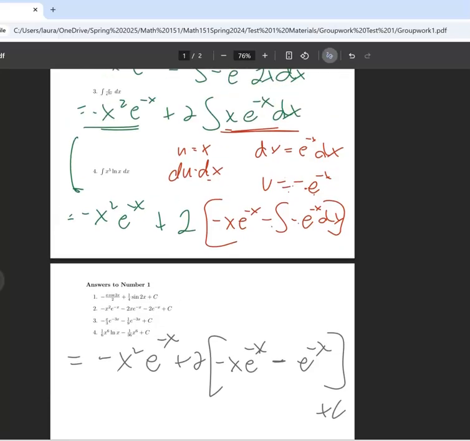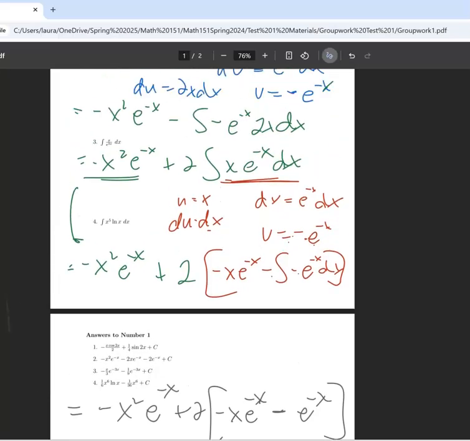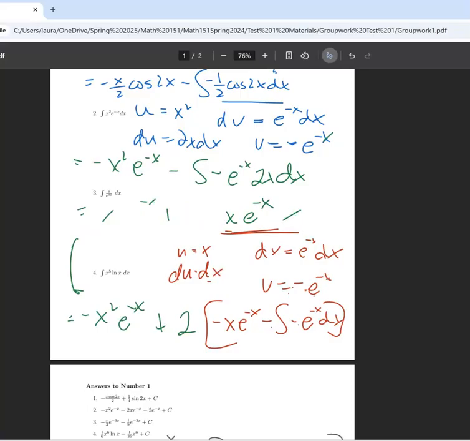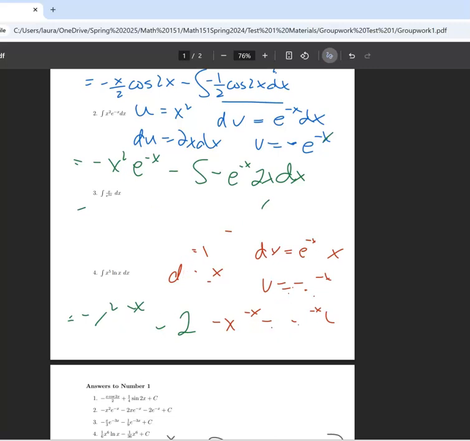All right. So let's see, the next one was number 3. And look at that. The e is in the denominator. So anytime you're doing parts, you don't want fractions. So what you're going to want to do is rewrite that e to the 3x from the denominator as e to the negative 3x. And then that will be an easy integral.